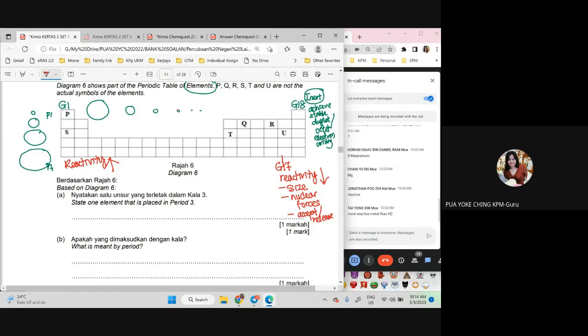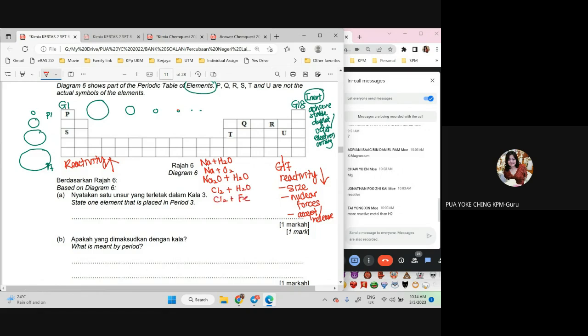And then what else will be asked? Okay, the next one is all the reactions lah. Group 1 apa reaction dia? Okay, kalau group 1, Na tambah air, Na tambah oksigen, Na2O tambah air, group 17 Cl2 tambah air, Cl2 tambah Fe.